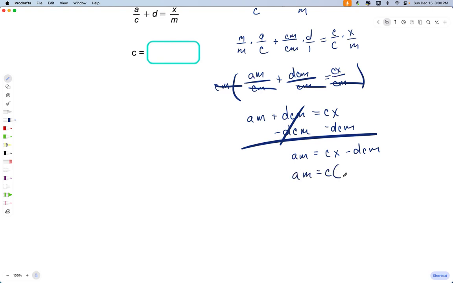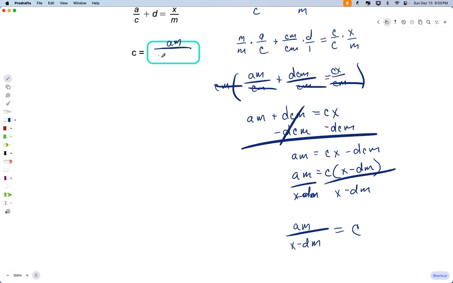Divide both sides by x minus dm. So am over x minus dm is equal to c. So that's what you'd put up here. That's your solution.